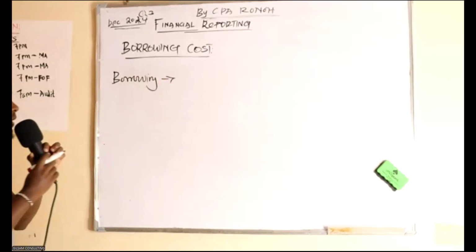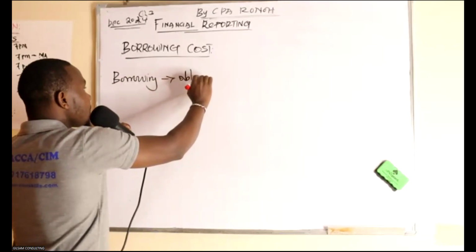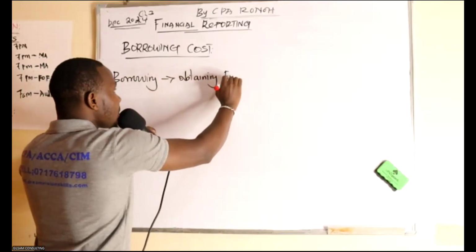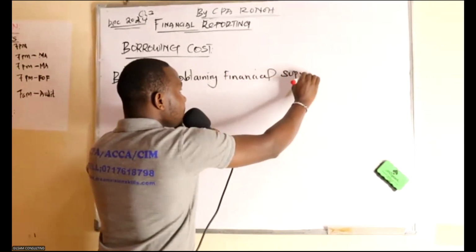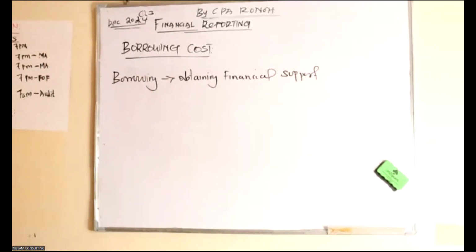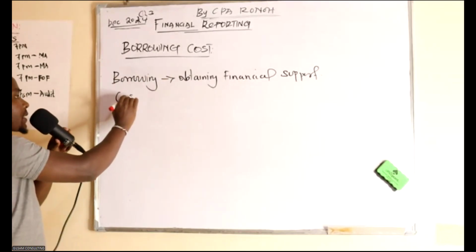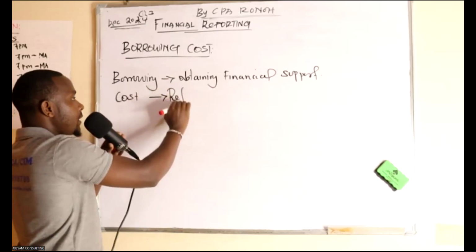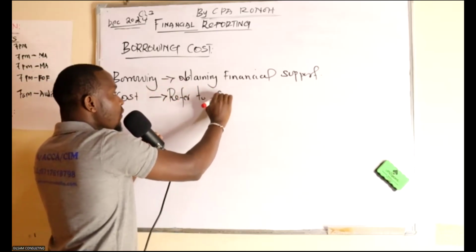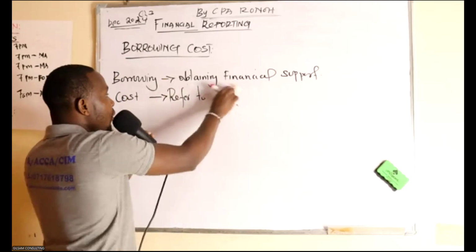So when you say borrowing, it is about getting or obtaining financial support. When you say borrowing, it is about obtaining what? It is about obtaining financial support. And then what about the cost? The cost here refers to the expenditure or expenses.